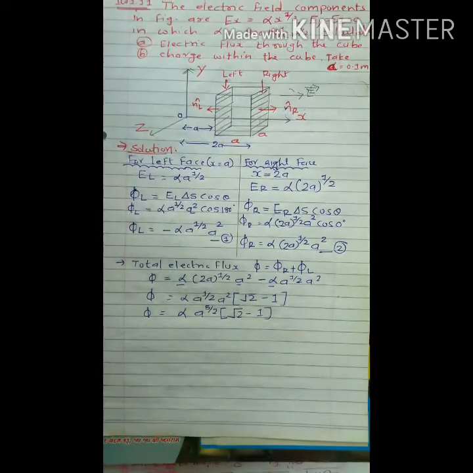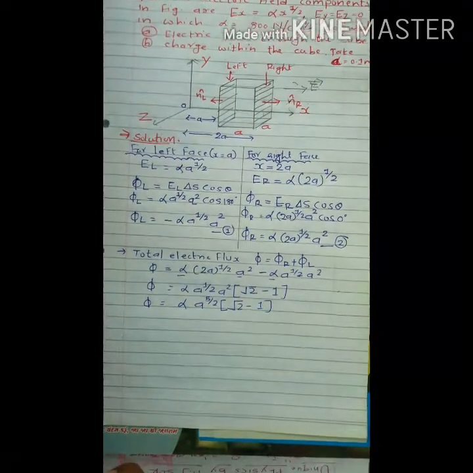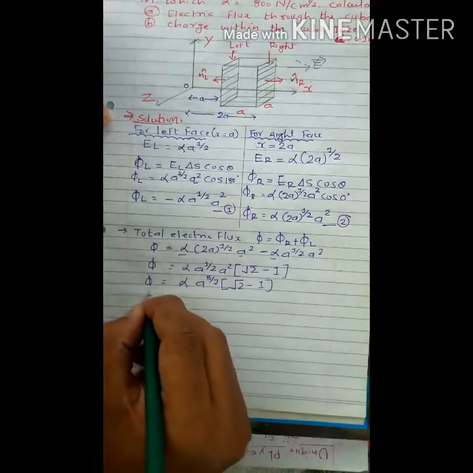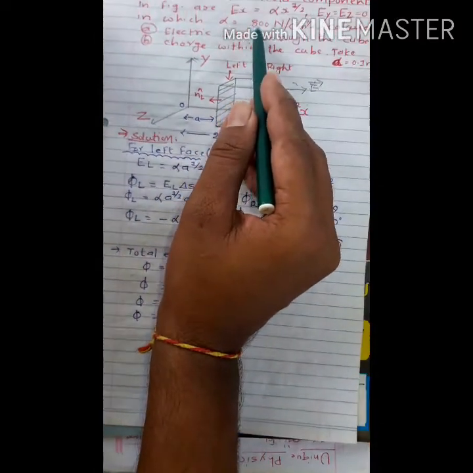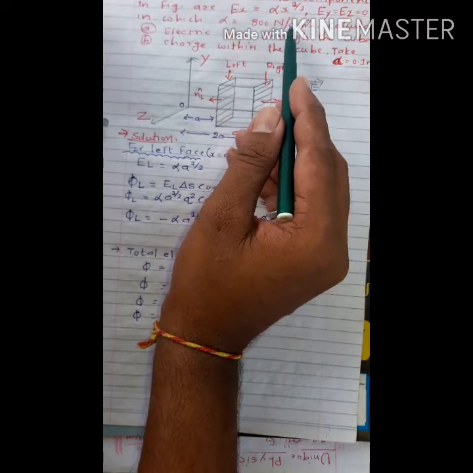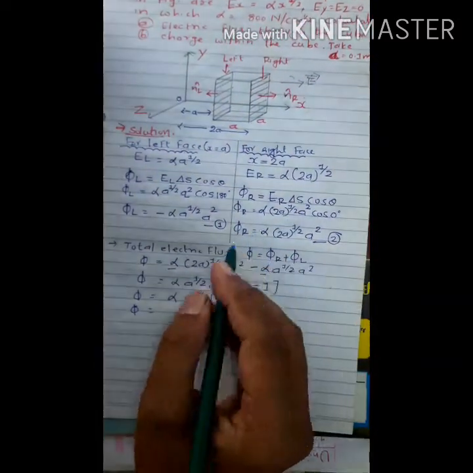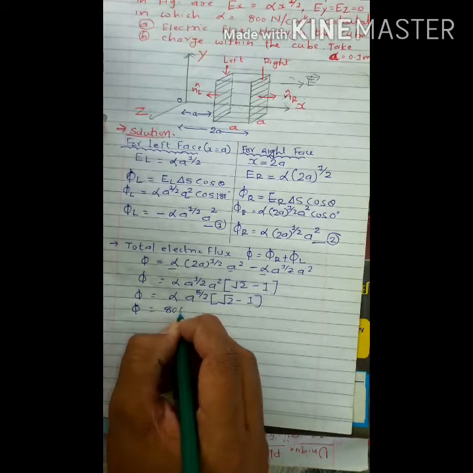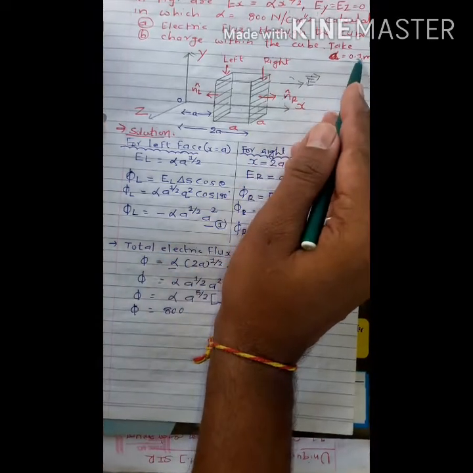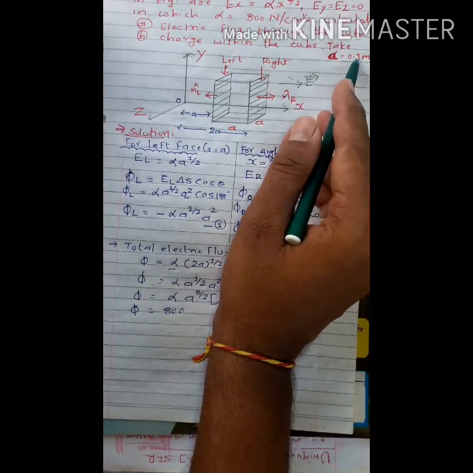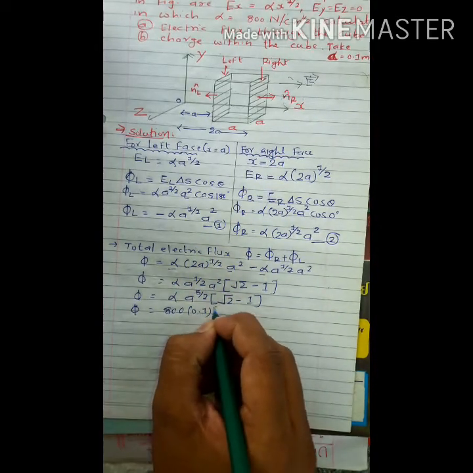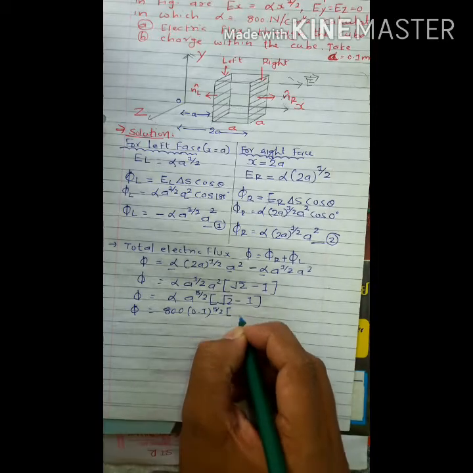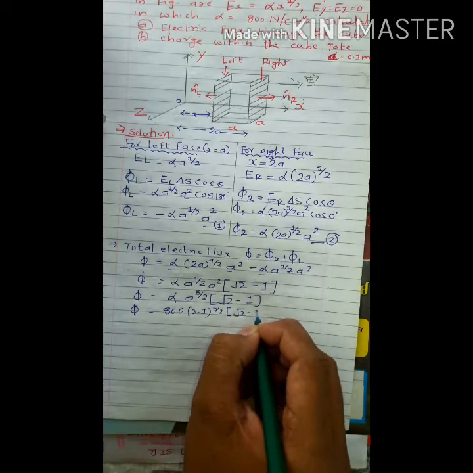Now substitute the values of the constants. So phi is equal to, alpha is a standard constant and its given value is 800 Newton per coulomb into meter raised to 1 by 2. So 800 into a, taking the length of the side of this cube as 0.1 meter, so 0.1 raised to 5 by 2 into (square root of 2 minus 1).